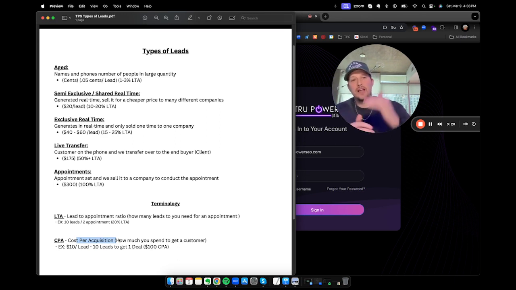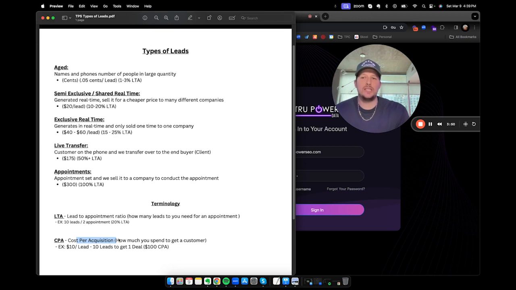The next level up is what would be called a semi-exclusive, or other people call them shared leads. What this means is it is a real-time generated lead. So someone went online and filled out the information that they want your product or service, but it's shared, or semi-exclusive, meaning it's going to 2 or 3 or 4 companies maybe. It's going to be the next price up in terms of a lead, but really still not an expensive lead, only let's say $20, for example.